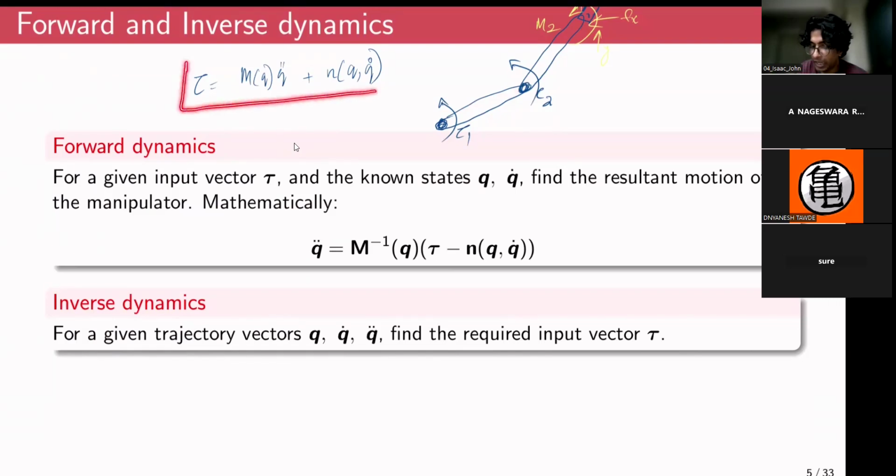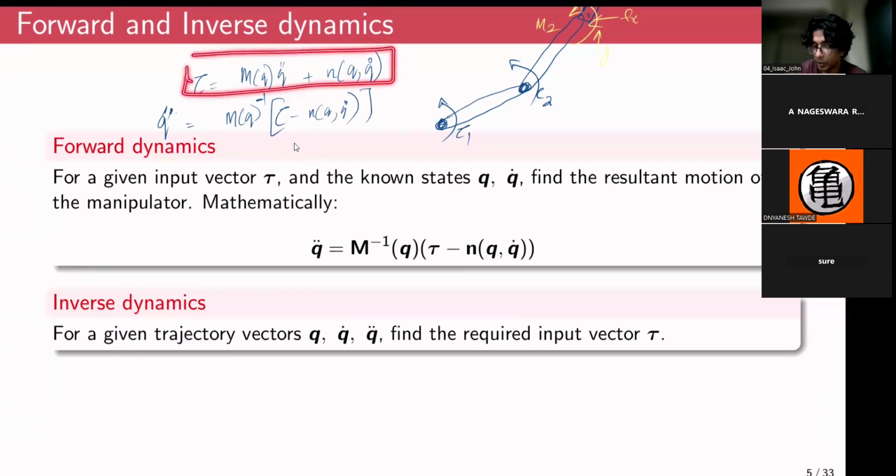So if we have a system of equations, something like this, and we also provide the vector tau as an input to obtain the new change of state, we can rearrange this equation as tau minus N of q, q dot, the whole pre-multiplied by M of q inverse, would give you q double dot, right? A simple rearranging of this equation would give you the accelerations.